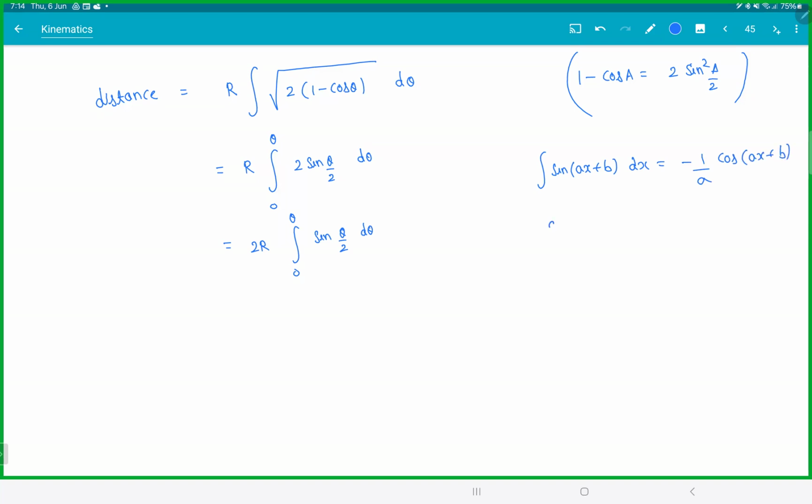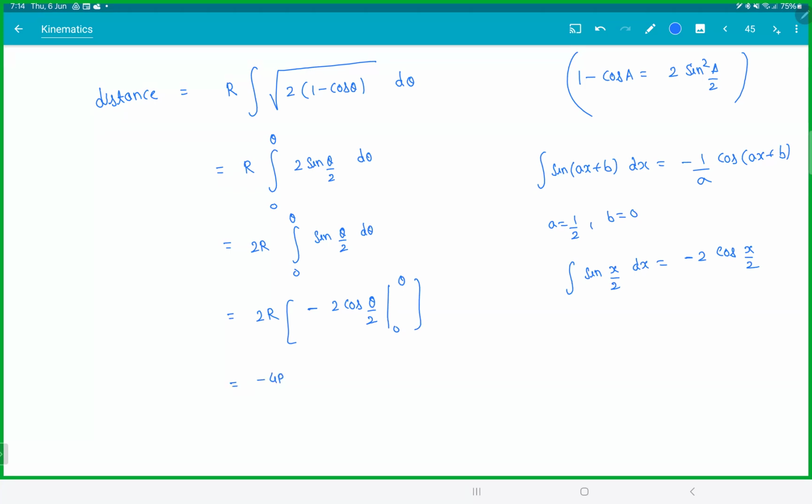So in our formula here, a is half and b is 0. So the integral of sine x by 2 dx is minus 2 cos x by 2. So this would be 2r times minus 2 cos theta by 2, limits will go from 0 to theta.